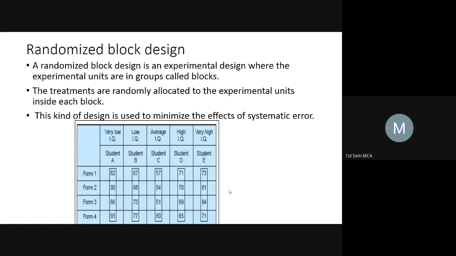Now I have a set of 50 students. I conduct test 1, test 2, test 3, test 4. I conduct 4 tests because replication is very important. I'm not going to decide whether a student has high IQ, low IQ, or average IQ based on only one test. I will do it based on different tests.